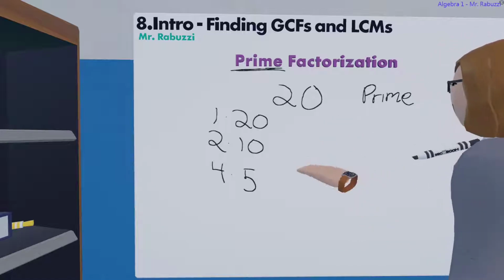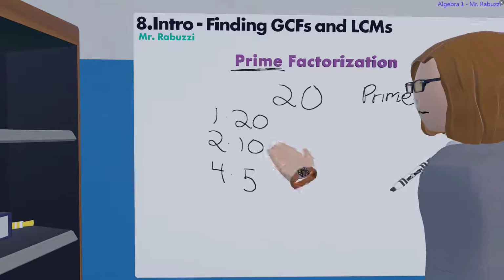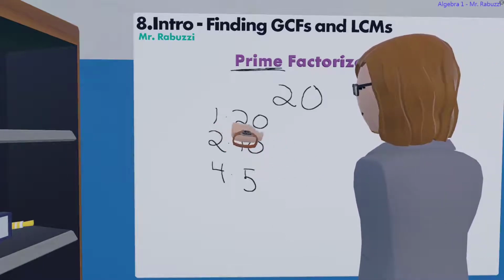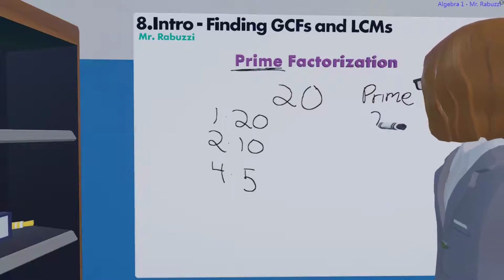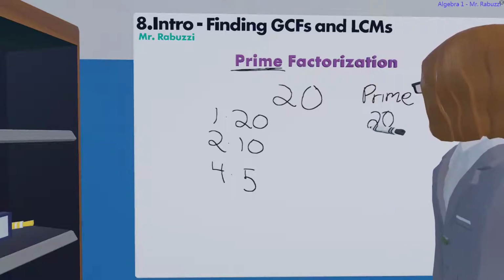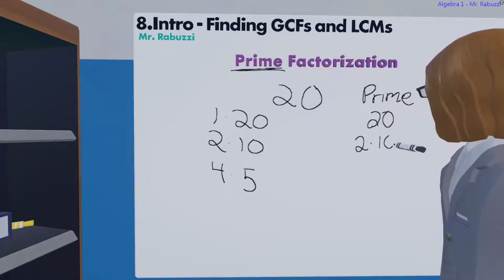So I don't want to find pairs. I want to just start splitting it. I'm going to start with 2 times 10. Okay, I know that 20 can factor into 2 times 10.